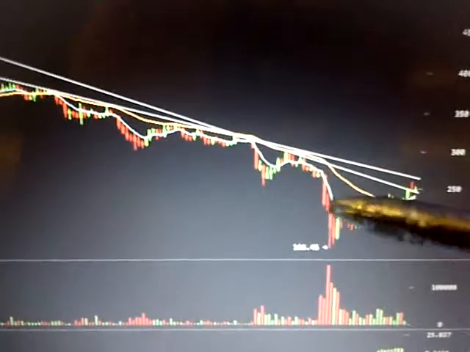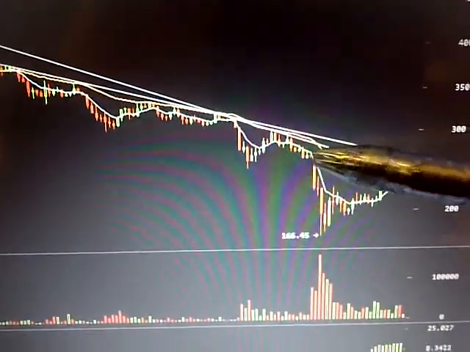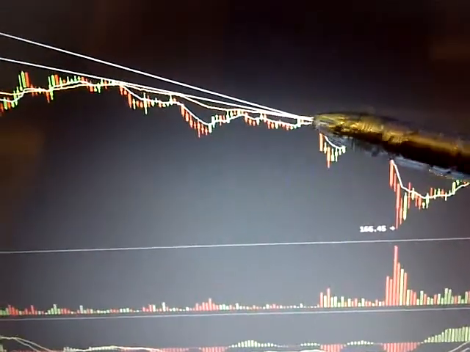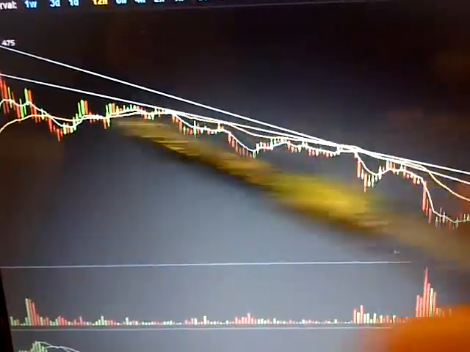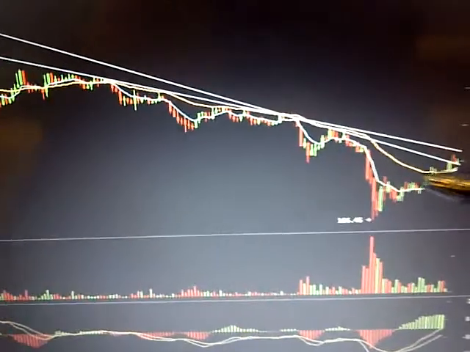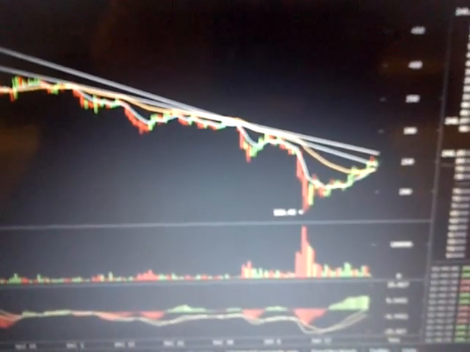As you see here, I drew two lines. I drew one from this point to the top right here, and I drew another one from this highest point to the next highest point on this trend line, and you're coming up with two different lines.